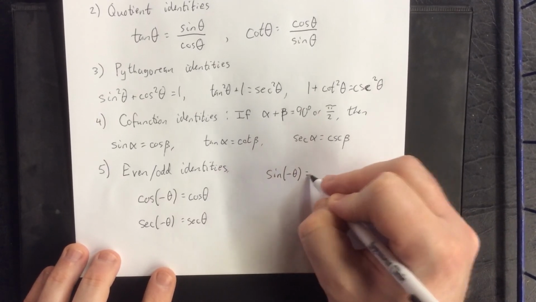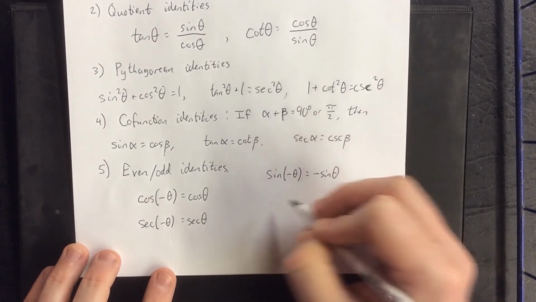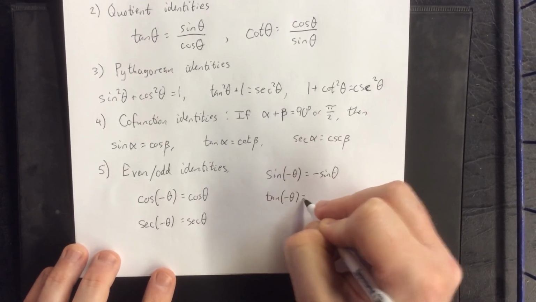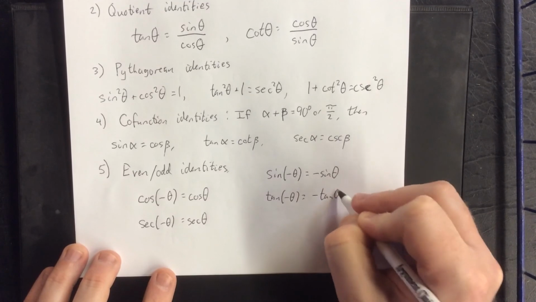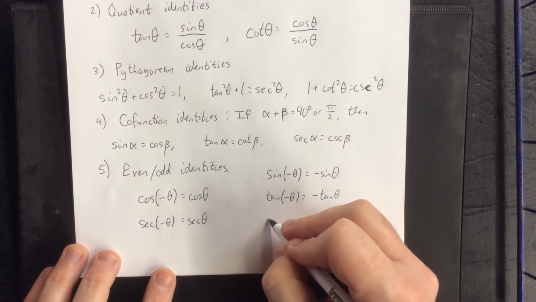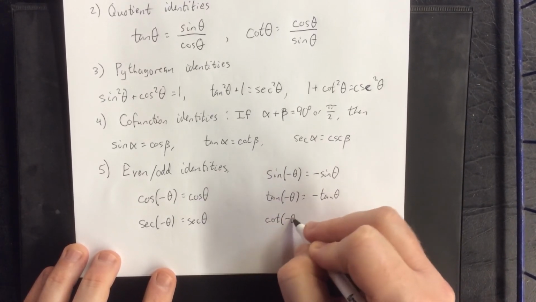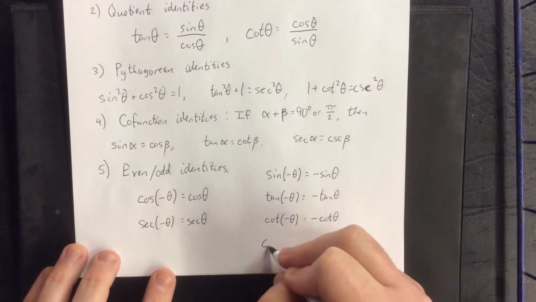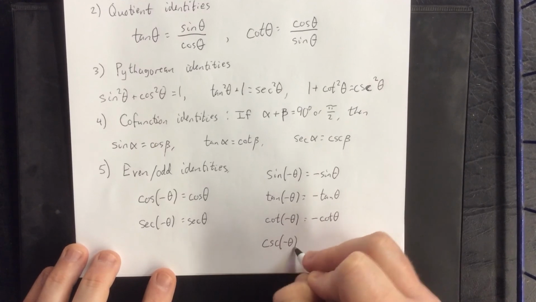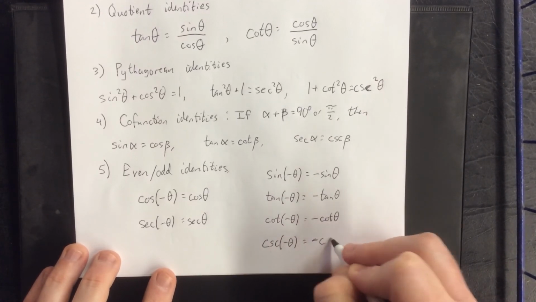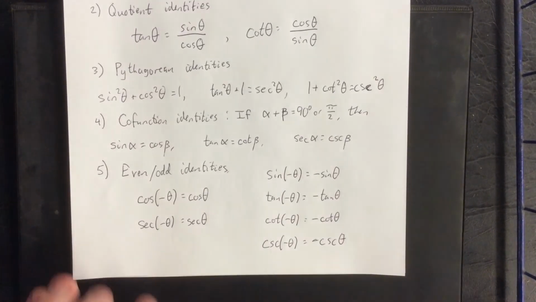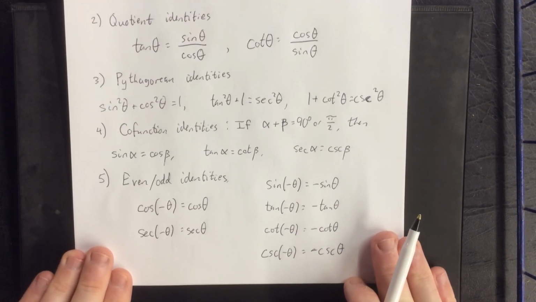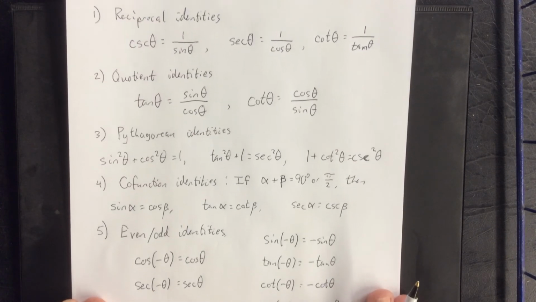The sine of negative theta is negative sine of theta. The tangent of negative theta is equal to the negative tangent of theta. The cotangent of negative theta is equal to the negative cotangent of theta. And the cosecant of negative theta is equal to the negative cosecant of theta. If you haven't already done so, either keep these identities handy or memorize them all.